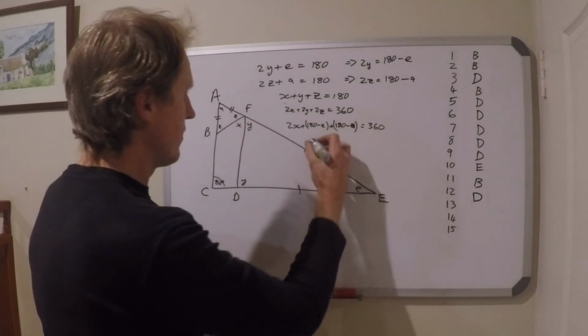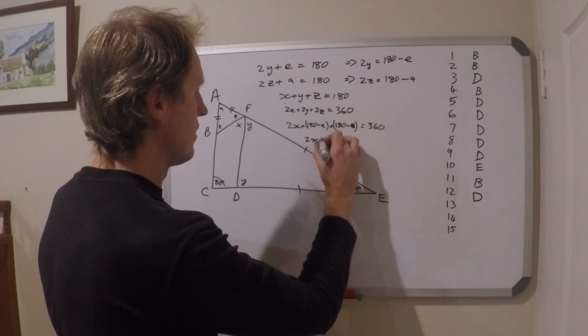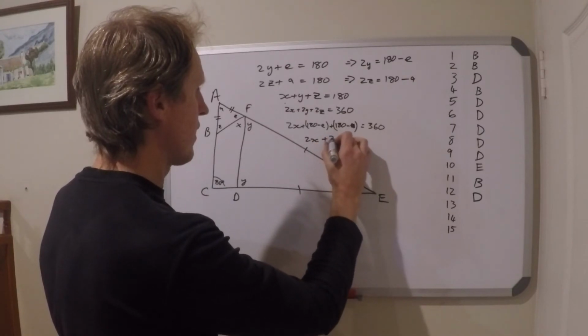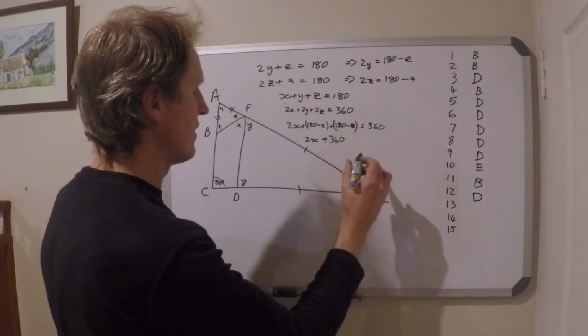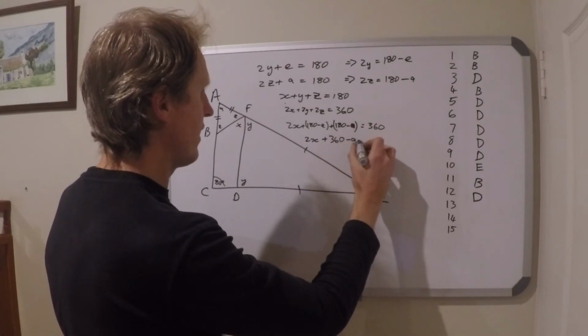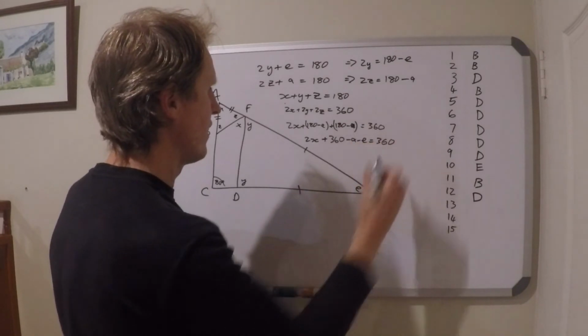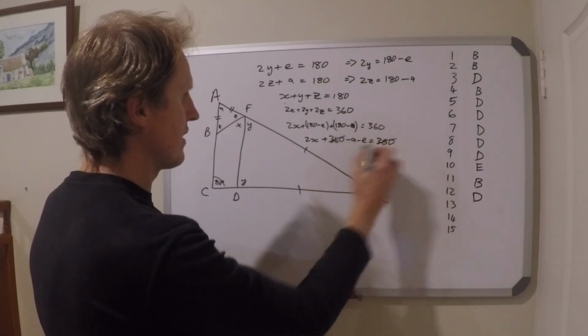So let's add all of this up. 2x plus 360 minus A minus E equals 360. The 360s can cancel out.